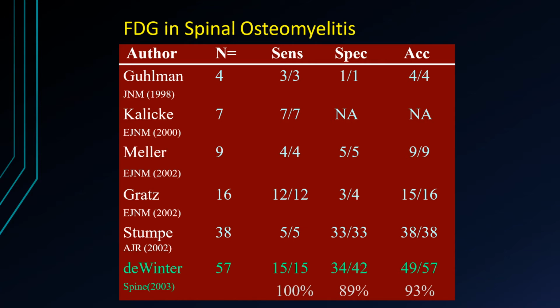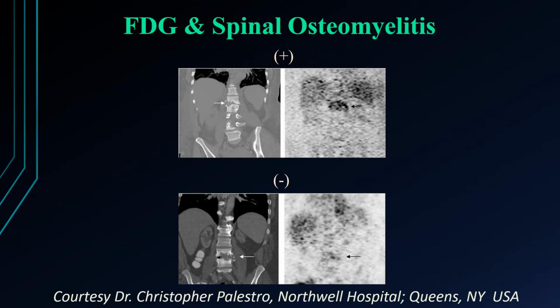A lot of smaller studies using small numbers of patients actually showed virtually 100% accuracy, but studies done with larger number of patients showed a little bit decreased accuracy. But overall, if you put these studies together, you still get a very good performance for FDG and spinal osteomyelitis.